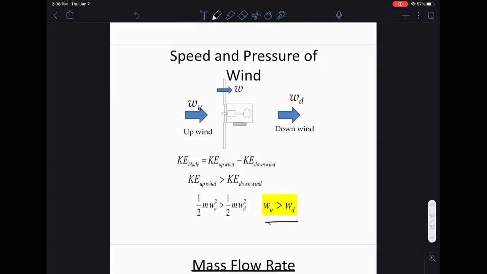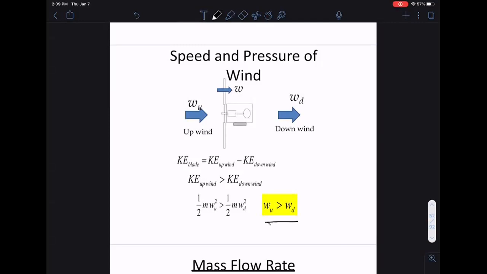I have some kinetic energy upwind, subtract the kinetic energy I have downwind. That's the power captured by the blade, right? Then from this equation, it looks like to maximize the power captured by the blade, you really want the downwind speed to be 0, right? To maximize where the energy goes, right?